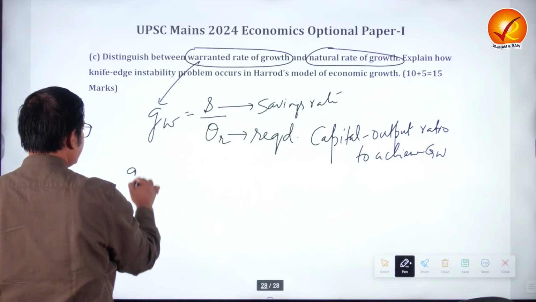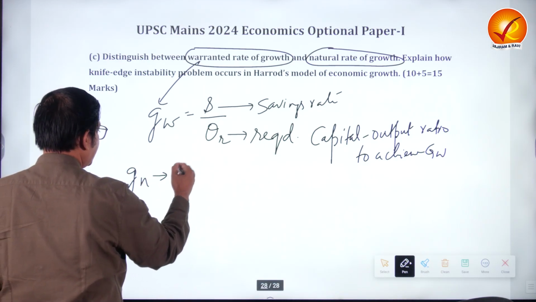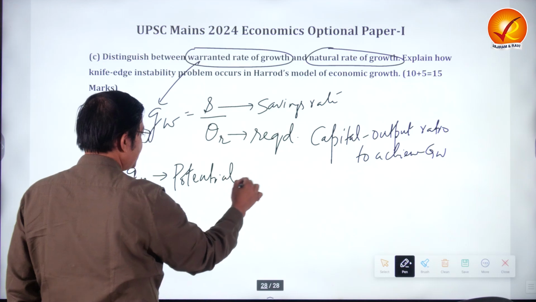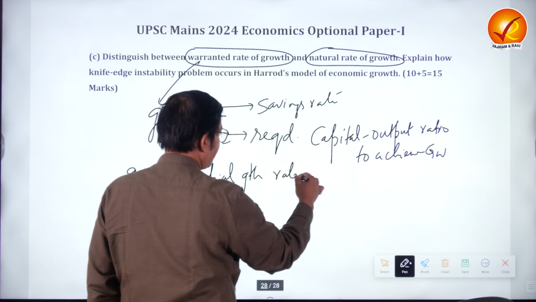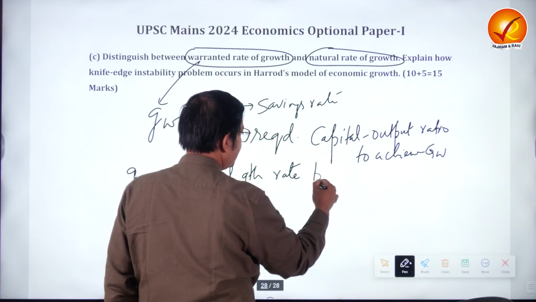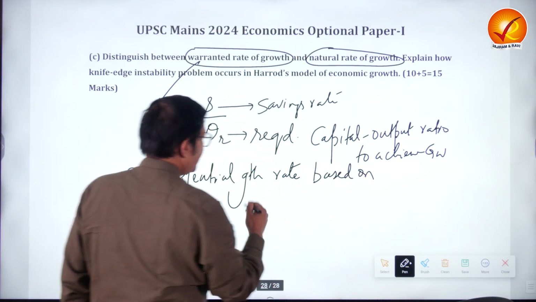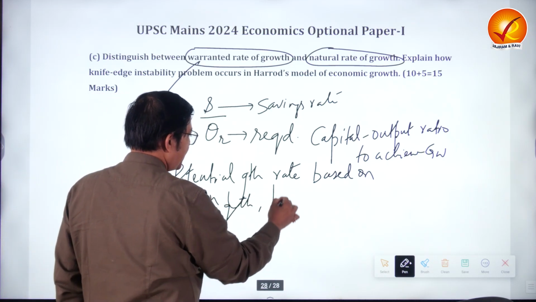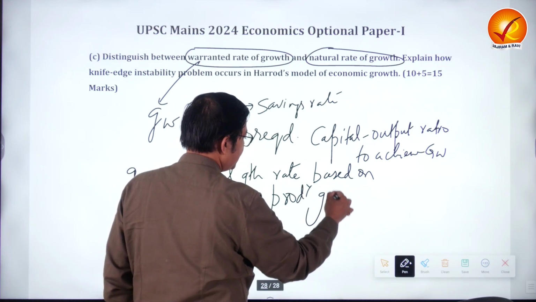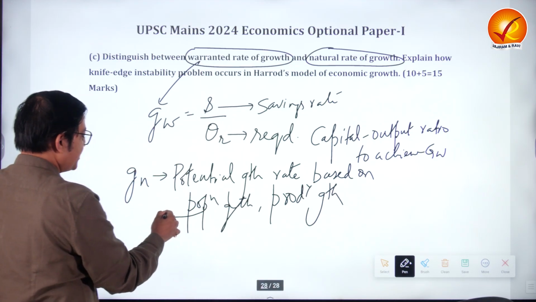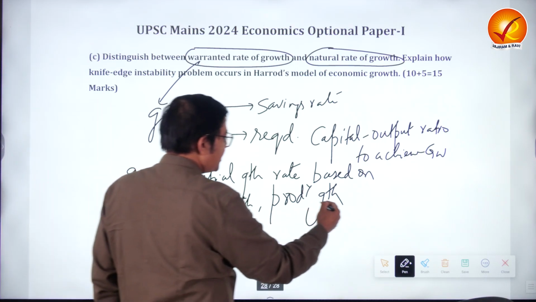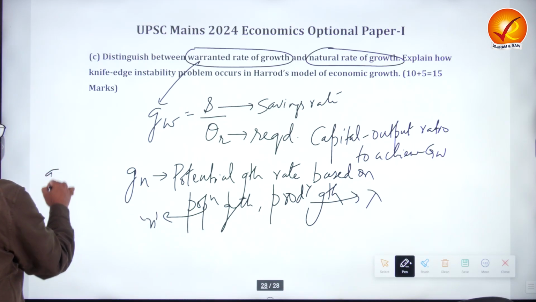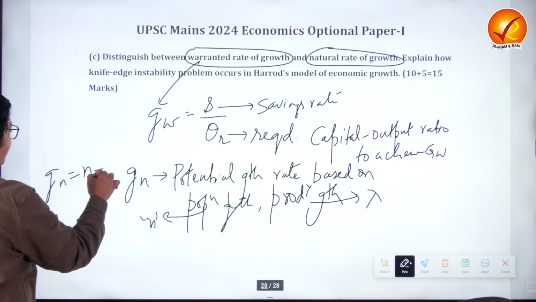What is natural rate of growth? GN. GN is the potential growth rate of an economy based on population growth, productivity growth, etc. So suppose that population growth is n, productivity growth is given by lambda, just a sign you can say, then you can say that the natural rate of growth will be n plus lambda.